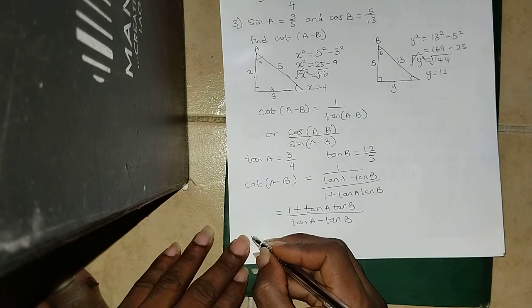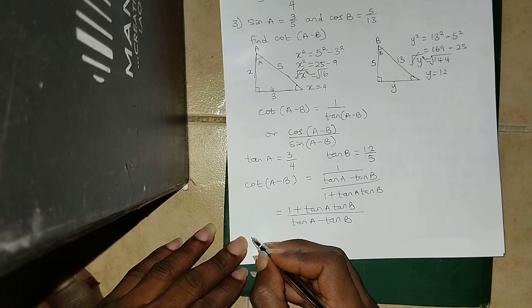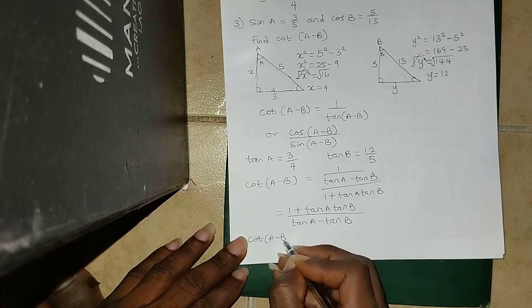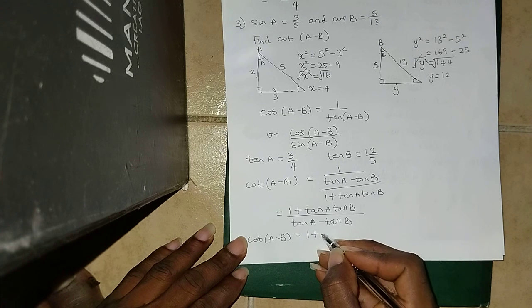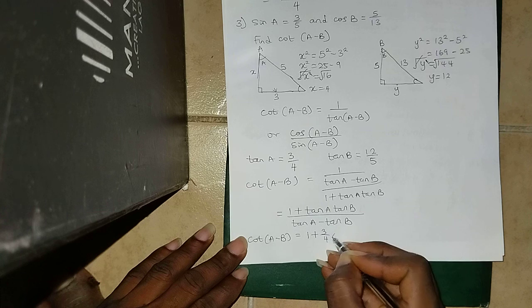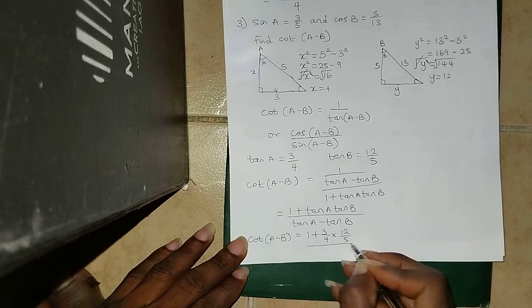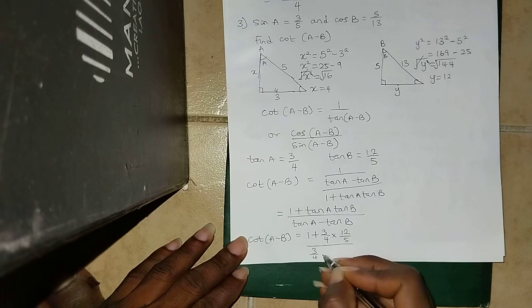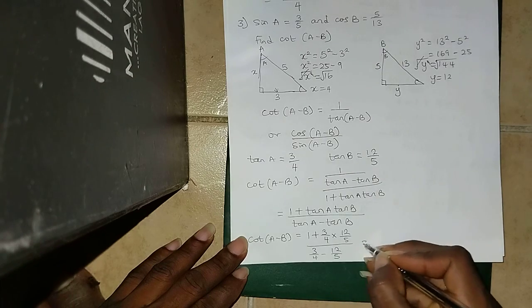So from here I can now begin to input everything inside. So my cot(A minus B) will be equal to 1 plus what's tan A? 3 over 4, tan B 12 over 5, all over tan A 3 over 4 minus 12 over 5.